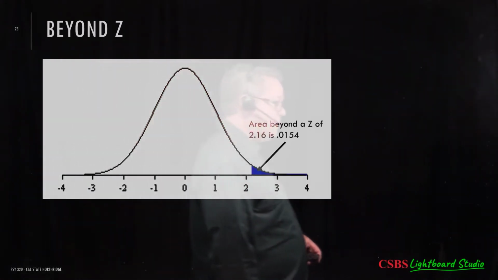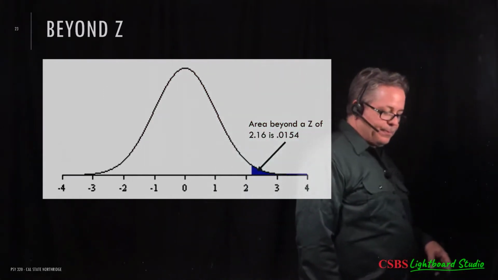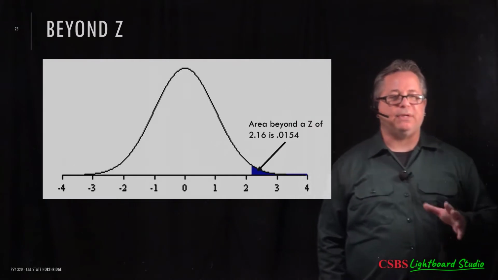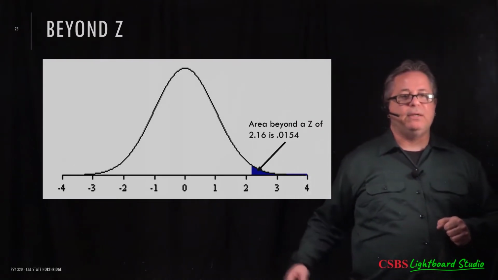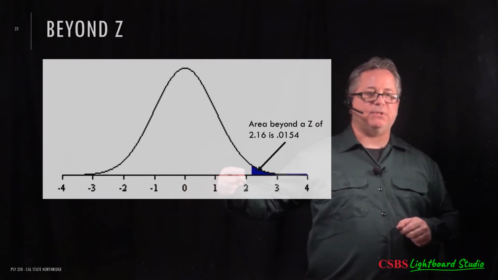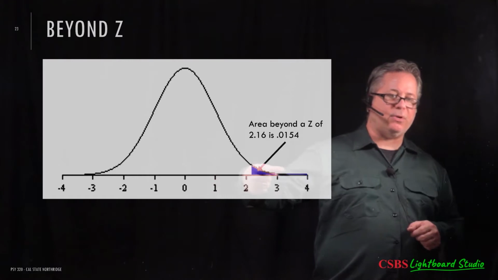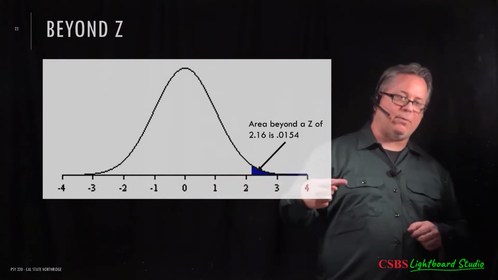Sometimes you hear things like area beyond z, and usually beyond is talking about going more extreme. So it can be tricky depending on where you're reading it. If you're on the positive z-score side, with a z-score of 2 point something, and it says the area beyond, it's talking about going more extreme, the area beyond that number.